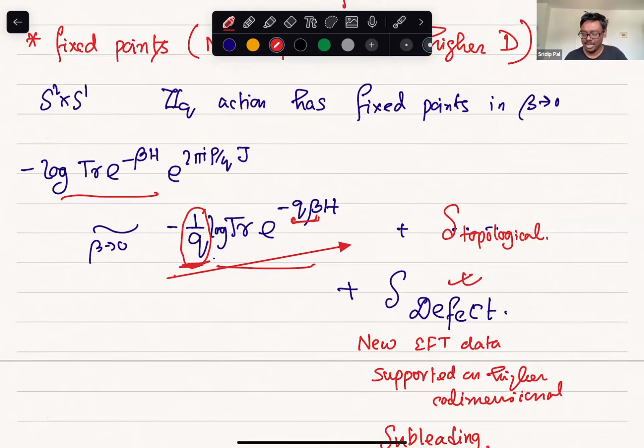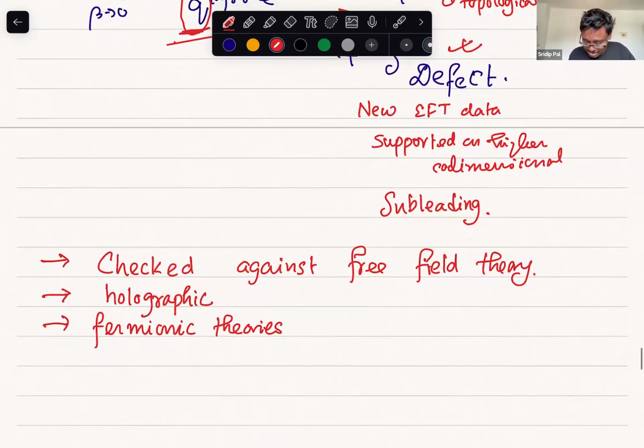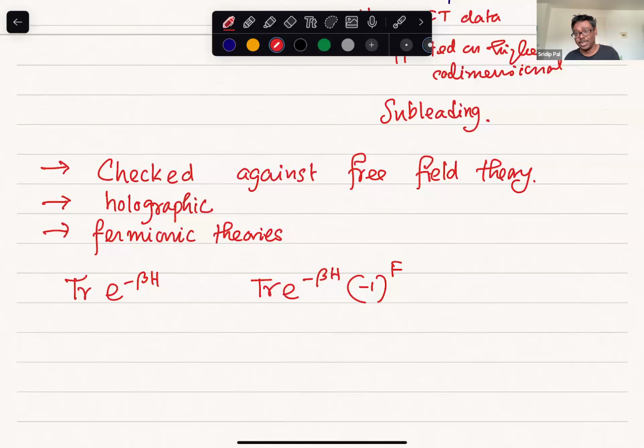But for the fermionic theories, the main point is that there are two kinds of independent data: trace e^(-beta H) and trace e^(-beta H) (-1)^F. Once you know the Wilson coefficients of these two expressions, then you can figure out everything else.